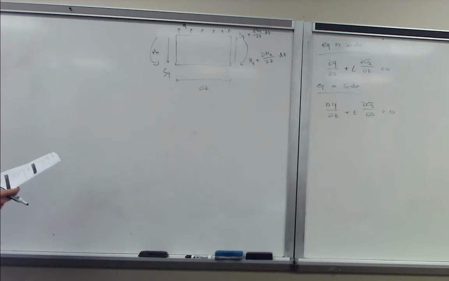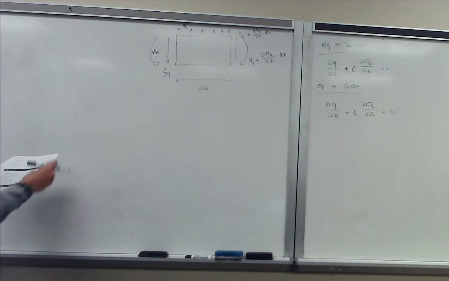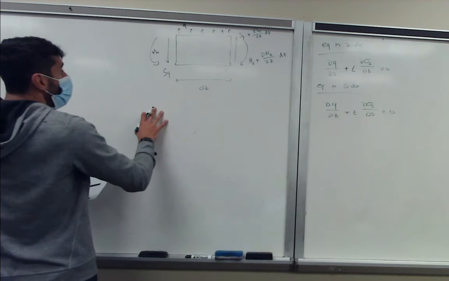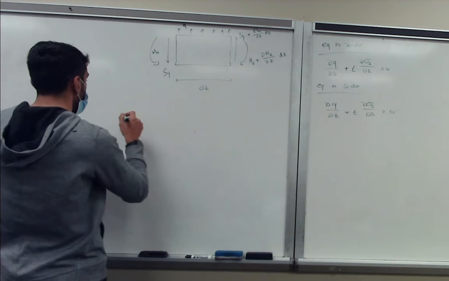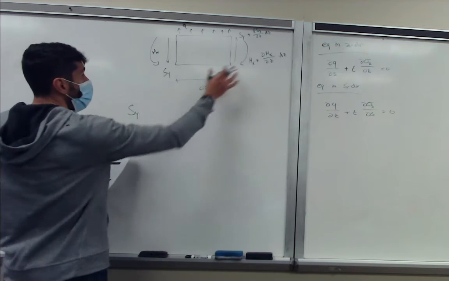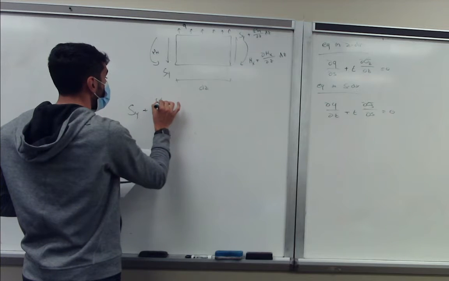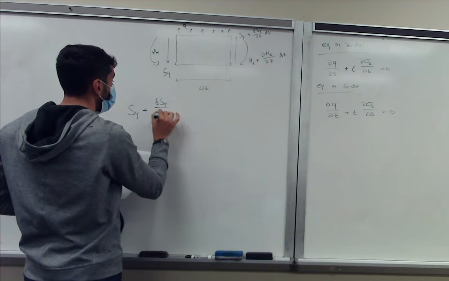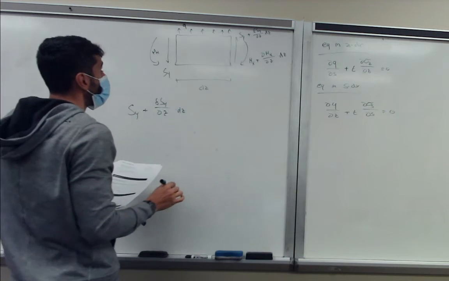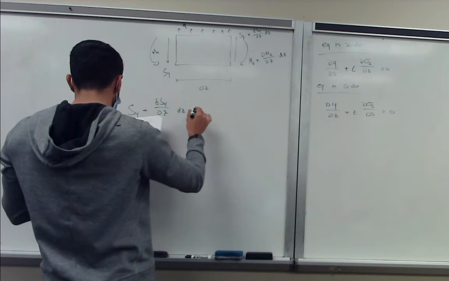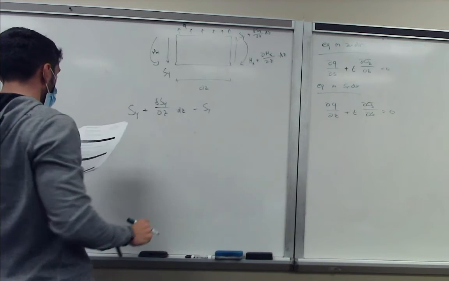And what we can do again is take the equilibrium equation. Let's do upwards positive. So we get Sy plus the variation of Sy with respect to z, multiplied by our differential element dz, minus Sy.